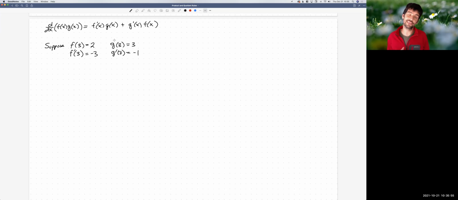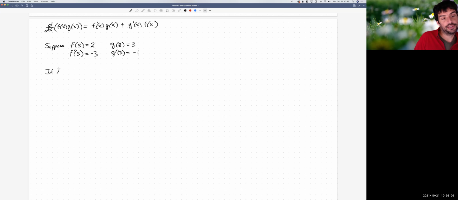There's lots of reasons why this might be true. We might have been doing a big problem with lots of different pieces, and at some point we already had to compute these. And so we're at a place where we might want to compute: if L of x equals f of x times g of x, find L prime of 3.